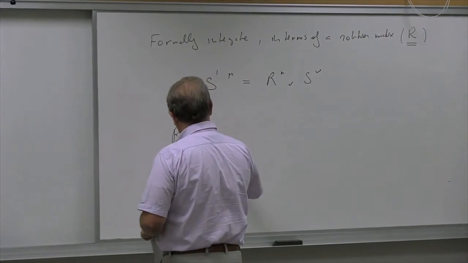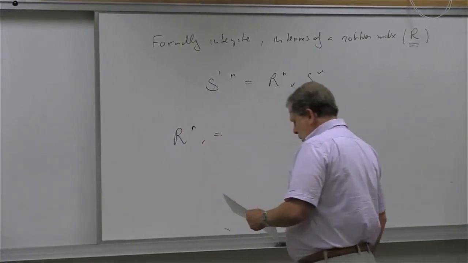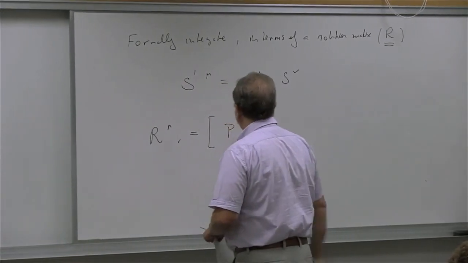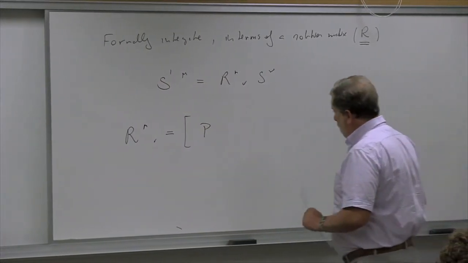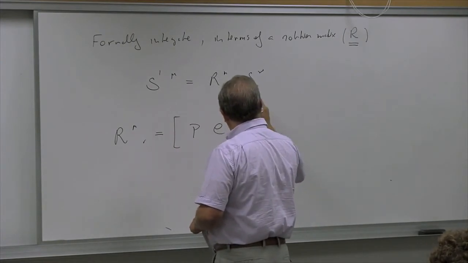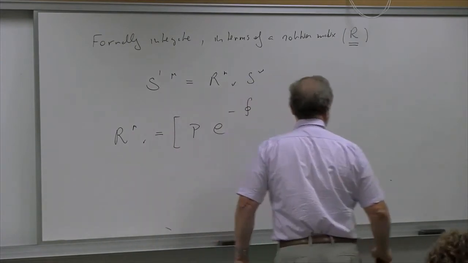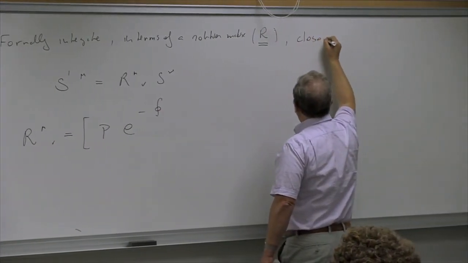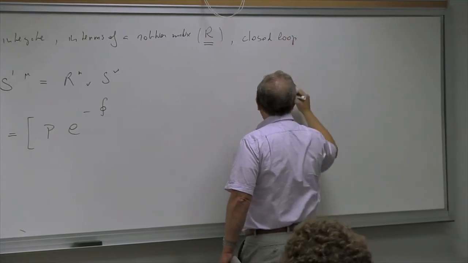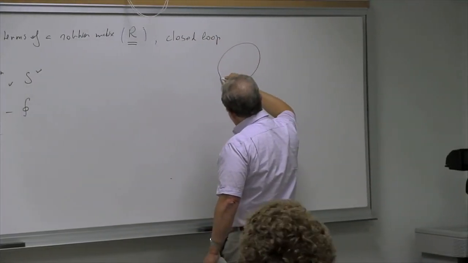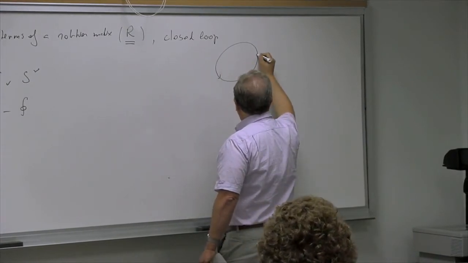R mu nu is given by the path-ordered product of e to the minus an integral around a loop. So we consider a closed loop. In other words, instead of taking a path which is from A to B, we're going to consider a loop.